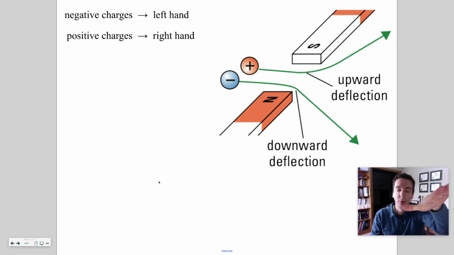My thumb points to the right, and my palm ends up facing down. If I do that same thing with my right hand, where my fingers go from the north to the south, and my thumb points to the right, notice my palm faces in the opposite direction. So the positive particle would experience an upward force in that case.